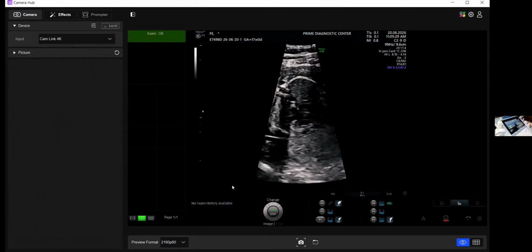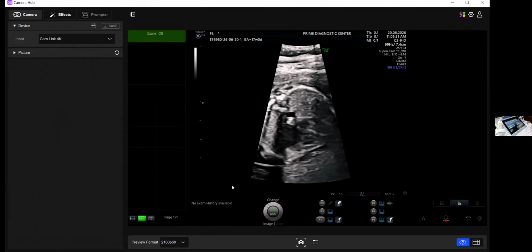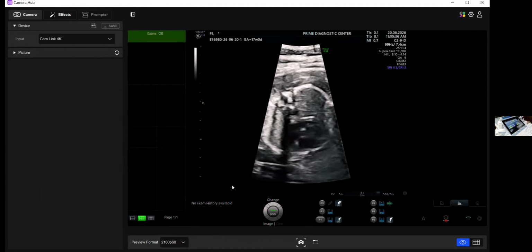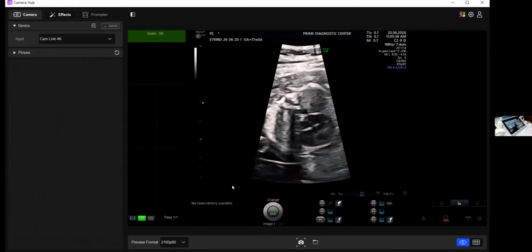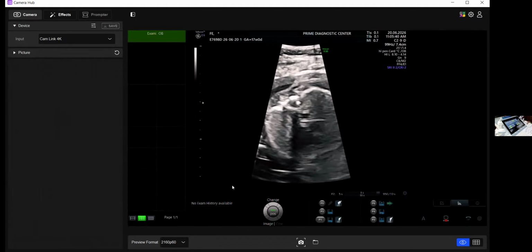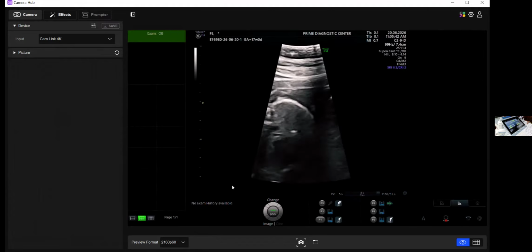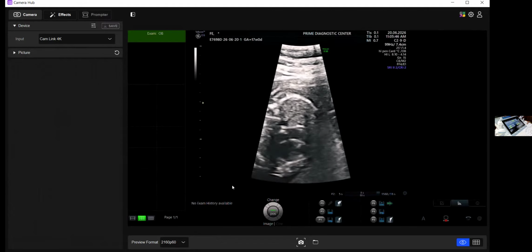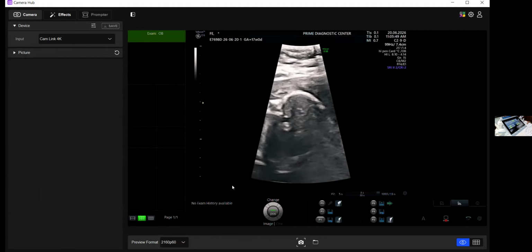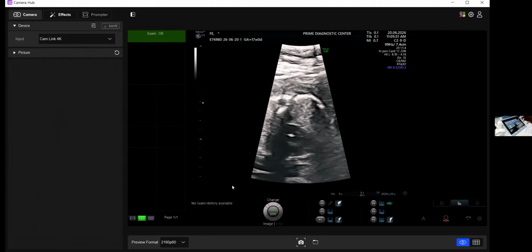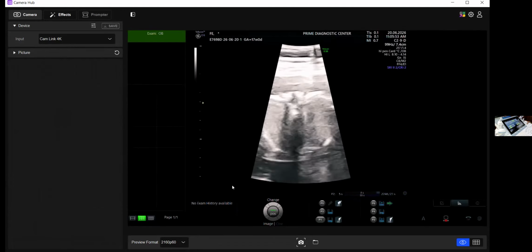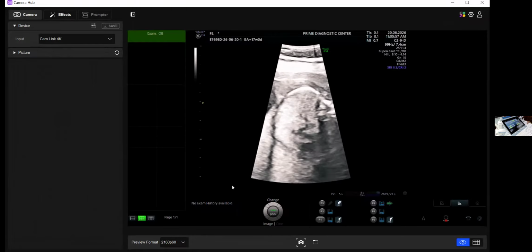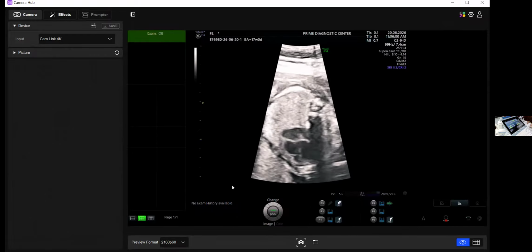So now we see the fetus, and you see the head, now the spine is anterior, then we can move in this direction to make the basal four-chamber view.